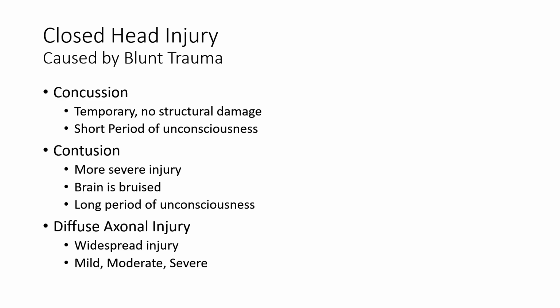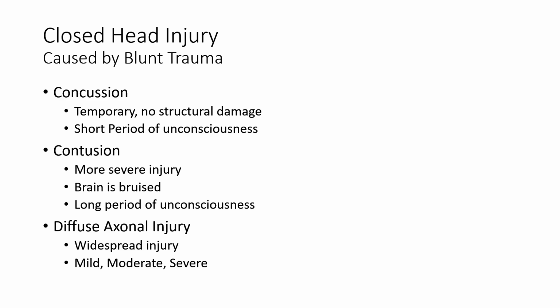A diffuse axonal injury is a very widespread brain injury that is then further divided into degrees. The patient will have really no clear or lucid intervals. Immediately after the injury, they are unconscious.